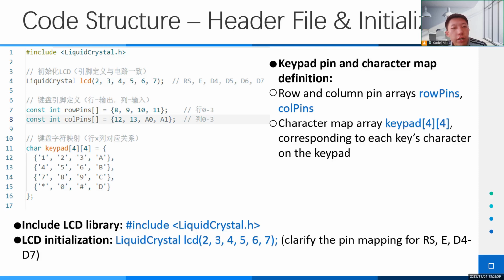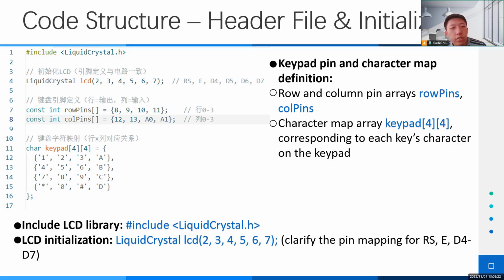Next, we define the keyboard pins. We have two arrays, row pins for the row pins and column pins for the column pins. These arrays match the connections we did earlier. We also have a keyboard array.